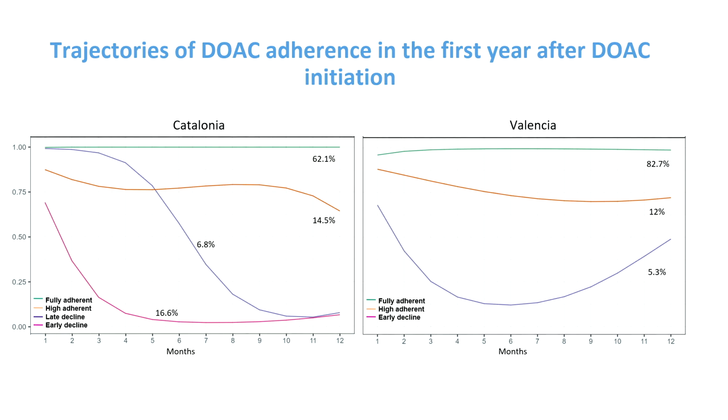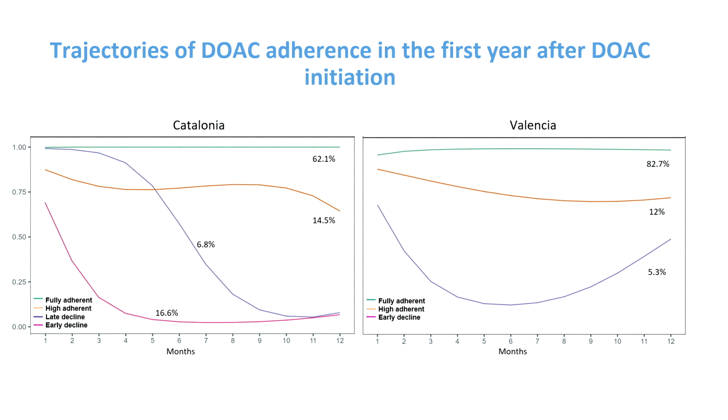The final model was selected using Nagin criteria and the lowest Bayesian information criterion, mean posterior probability more than 70%, a minimum proportion of the study sample in each trajectory group of 5%, and entropy equal to or more than 0.75. Different adherence patterns were identified.